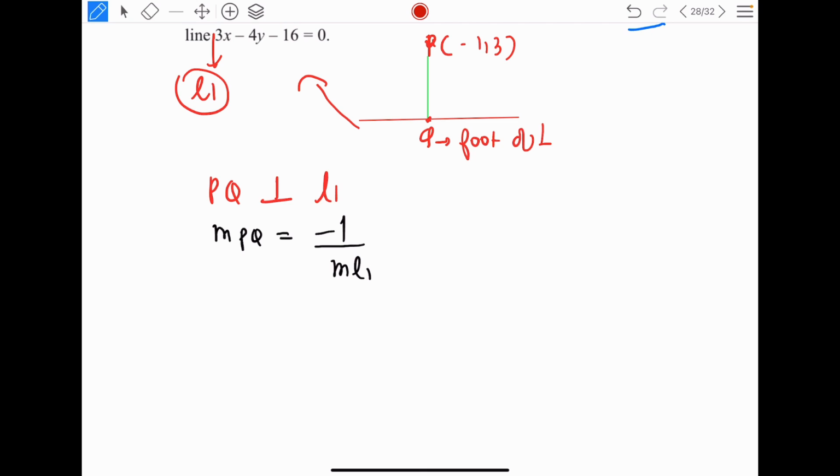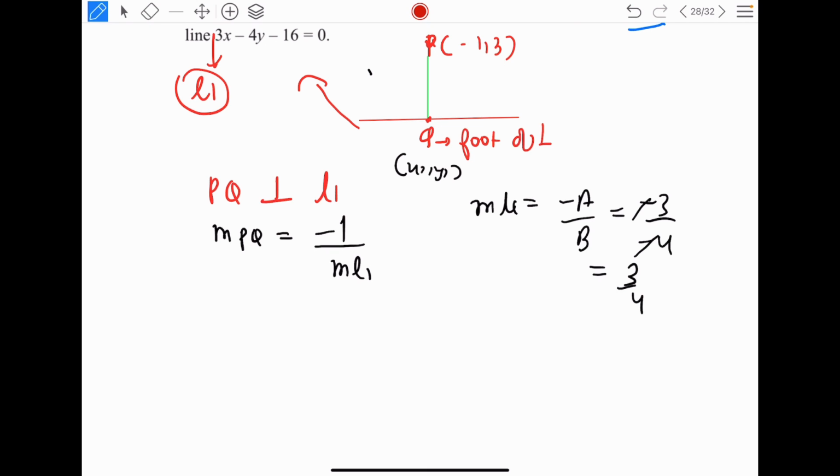The slope of a line is minus a by b. So the slope of L1 is minus 3 by minus 4, which is 3 by 4. Now the slope of PQ. PQ is the line through two points, P and Q. P is given, and Q we take as (x1, y1), which is the foot of perpendicular.